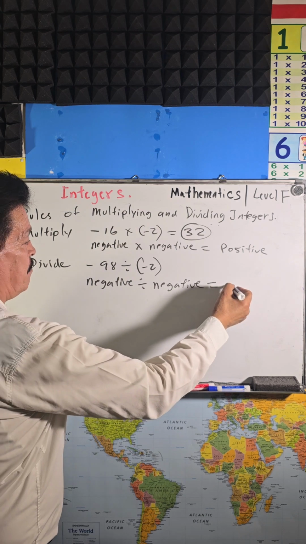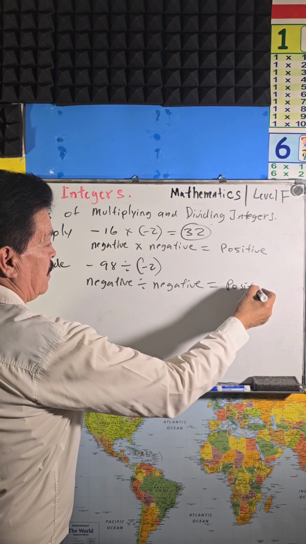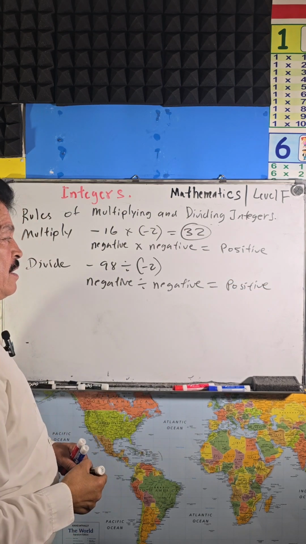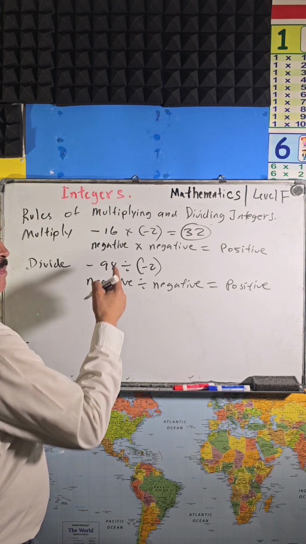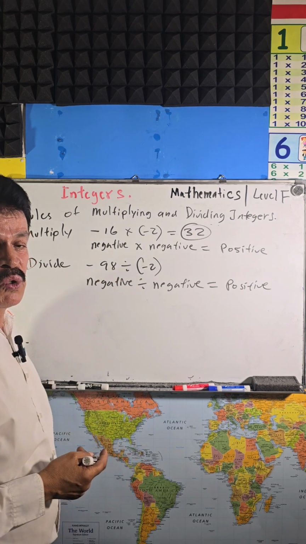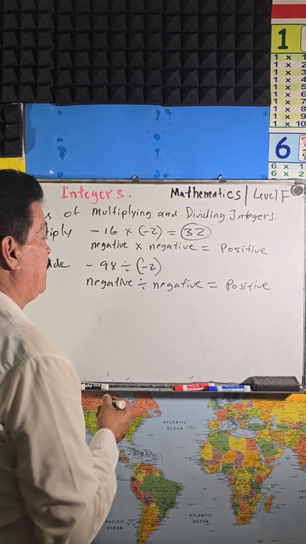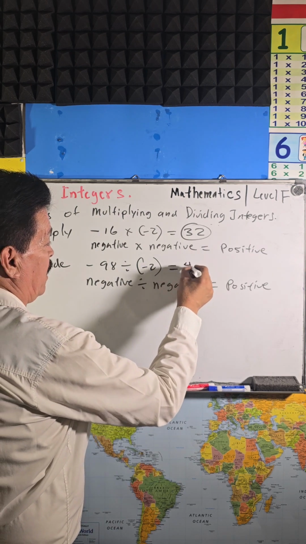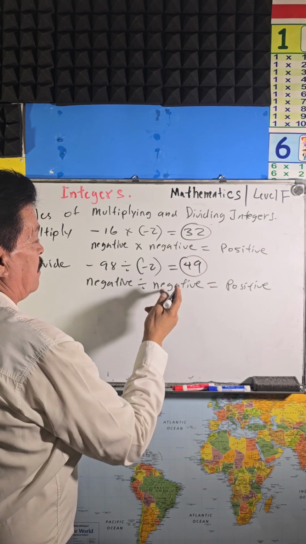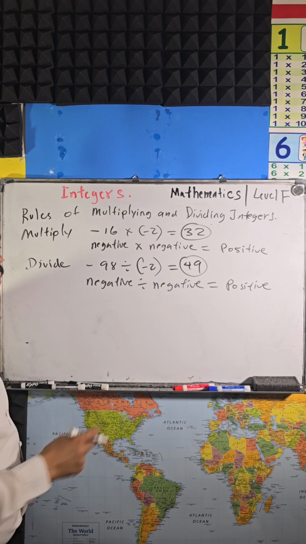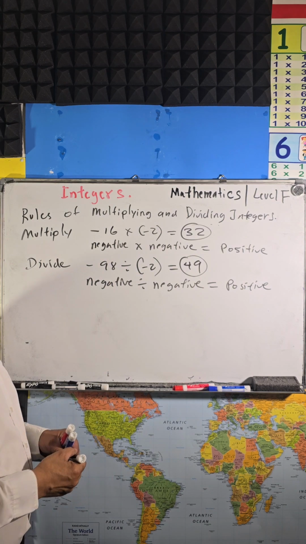The answer is positive. Okay. So 98 divided by 2 equals 49, right? Positive, because both are negative, right?